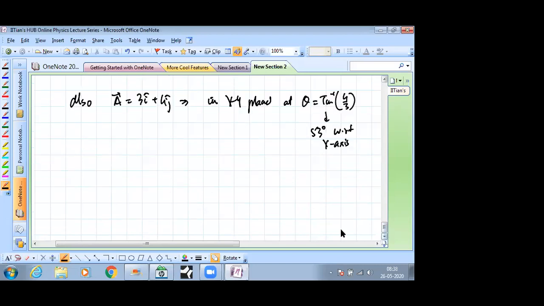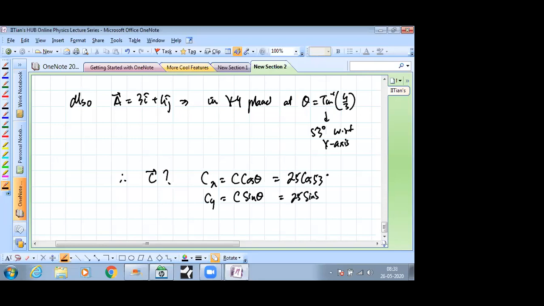So now vector C should become such that C's x component is C cos theta and y component is C sin theta. So this should be 25 cos 53, and this should become 25 sin 53. You should make this 15 and make this 20. So this is also a method by which we can do.